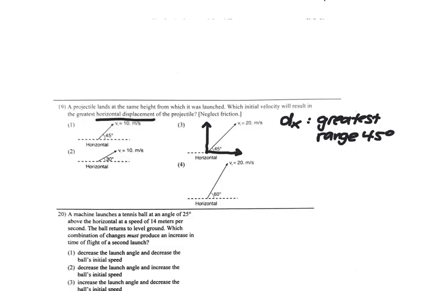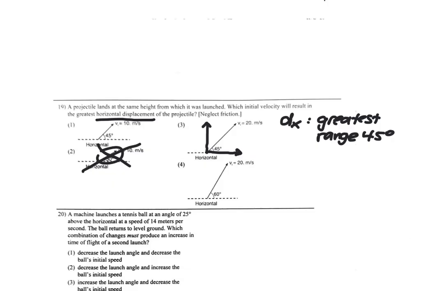So I'm giving it both forward velocity to get forward speed, but the y velocity gives it time in the air. If I have a low angle, like this 30 degrees here, it gives me forward speed, but it doesn't give me time in the air, so it's going to wind up coming up short. So I don't want 30. And then be careful here.